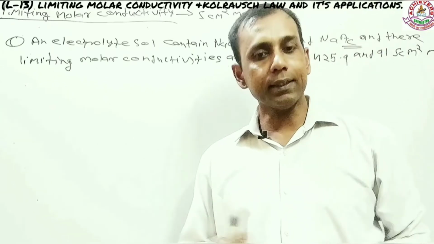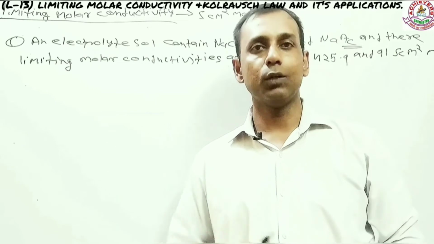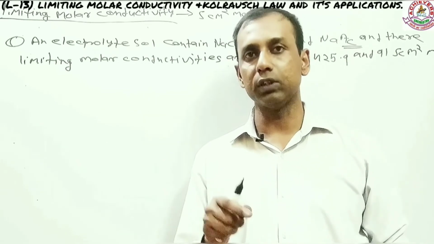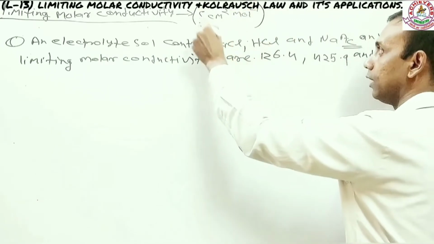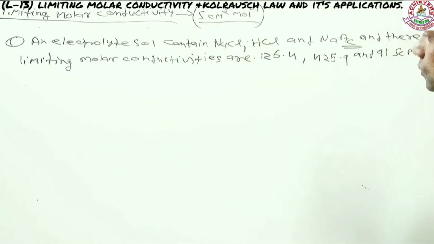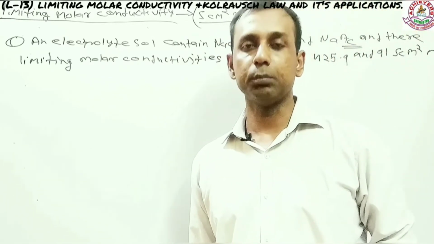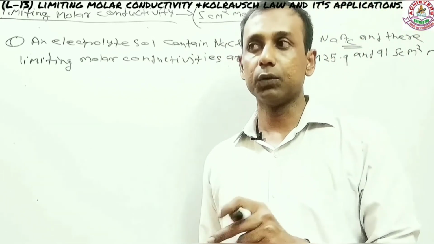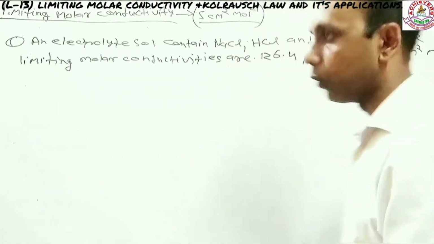The only thing that is different is that it talks about infinite dilution, when the concentration approaches zero. So its unit is similar to what you studied in the previous video I made. In case you haven't watched it, go and watch it, because all the basics about electrolytic conductance are there.